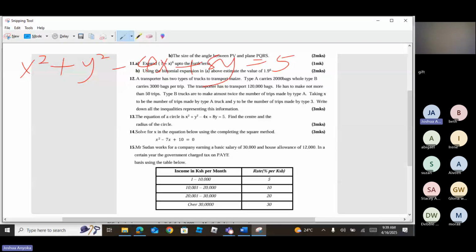When asked to find the center and radius, you rearrange the equation and bring everything together. The x should come together with another x, so x squared minus 4x. You skip some gap to avoid a lot of writing. Then we have plus y squared plus 8y, skip some gap, then equate to 5.